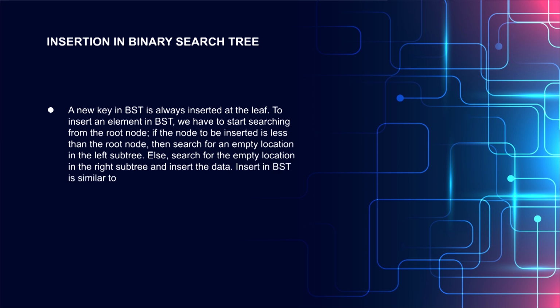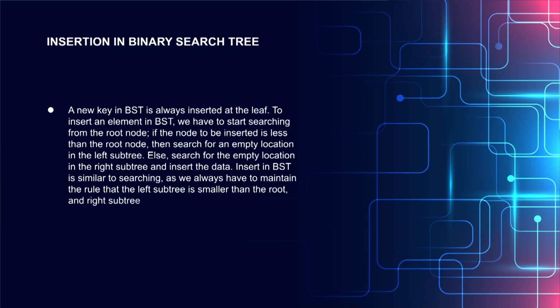If the node to be inserted is less than the root node, then search for an empty location in the left subtree, else search for the empty location in the right subtree, and insert the data.